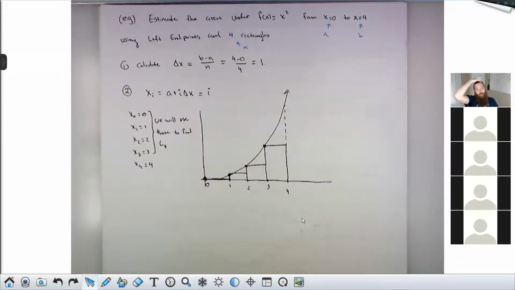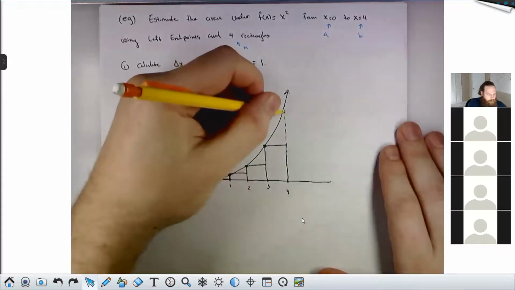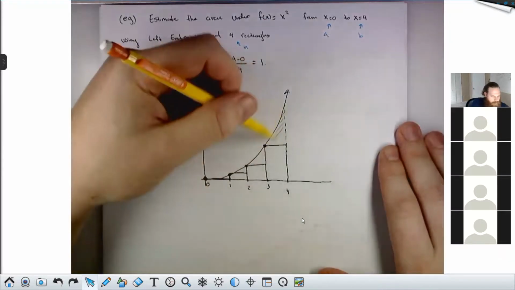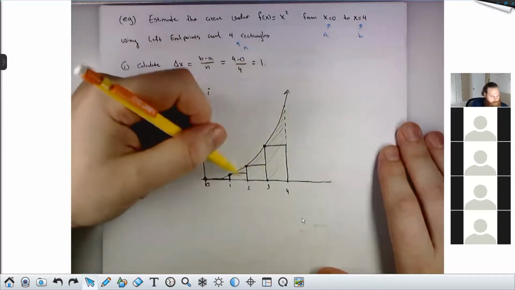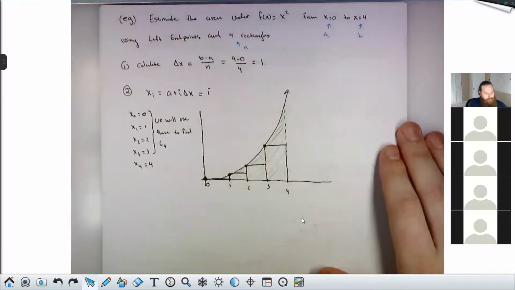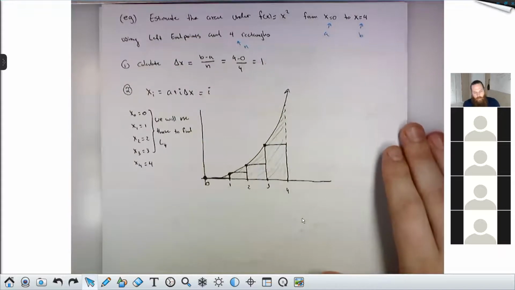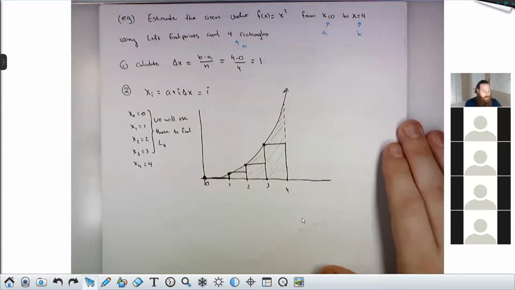So L4 is the name we give to the approximate area based on 4 rectangles using left endpoints. Again, the area that I'm trying to estimate is the same area as before. It's all the area under the curve here. And now my estimate is going to be an underestimate.